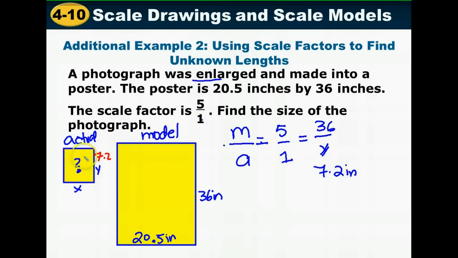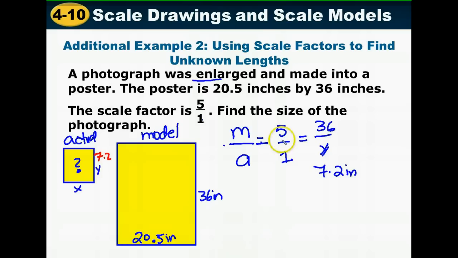Again, quick recap. This was my actual picture, my original picture. Okay, and then we blow it up to make a bigger model. So remember, scale factors are always model to actual. Model on top over actual. Now they gave me a scale factor of 5 to 1. So that means for every 1 on the actual picture, it represents 5 on the model drawing.